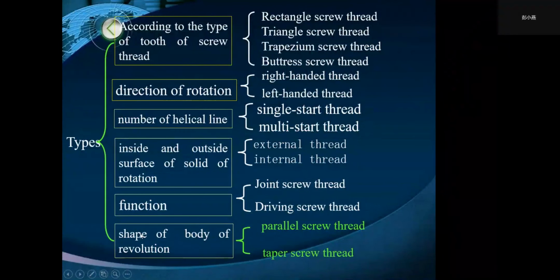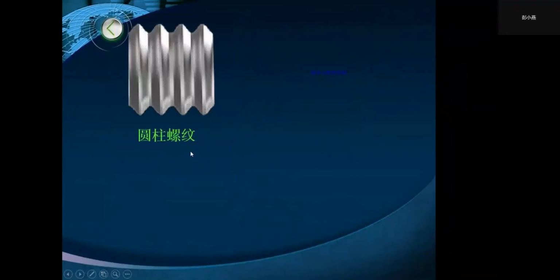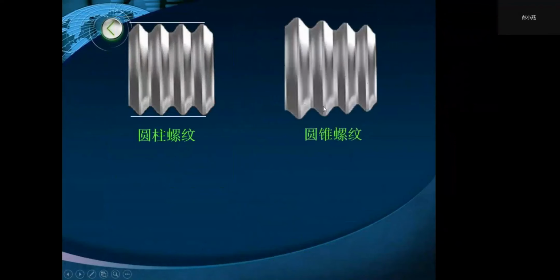According to the shape of the body of revolution, screw thread can be classified into parallel screw thread and taper screw thread. The left thread is parallel screw thread, and the right thread is taper screw thread.